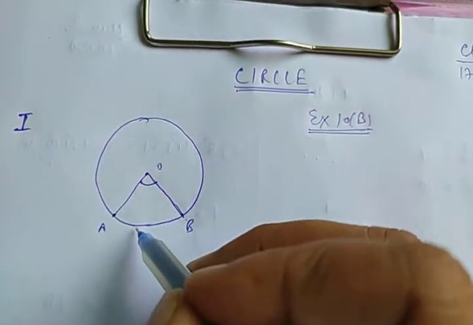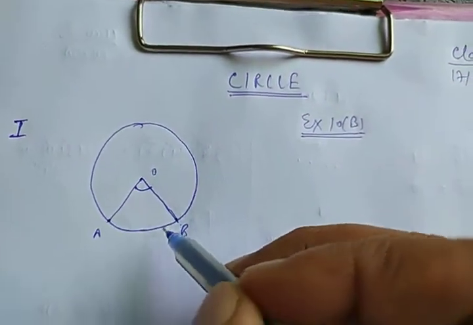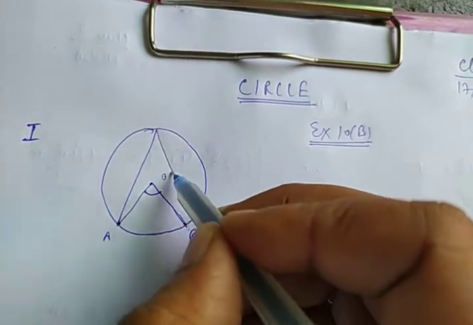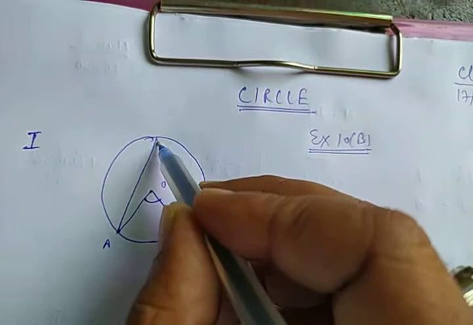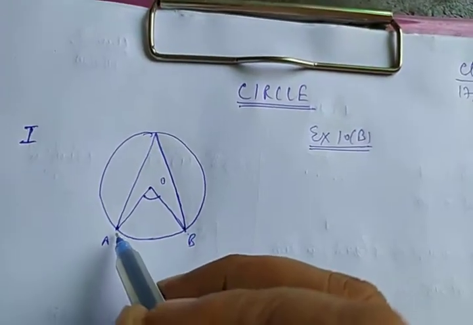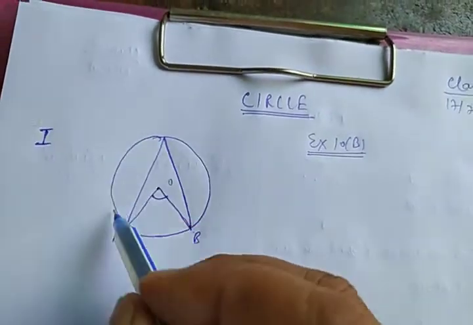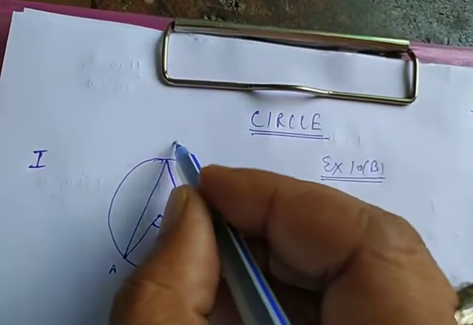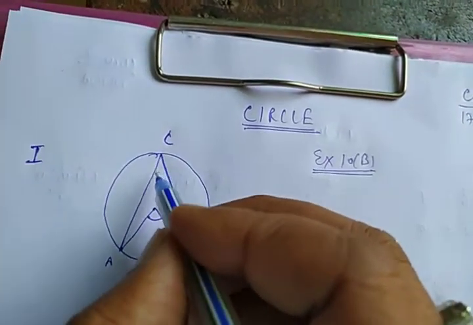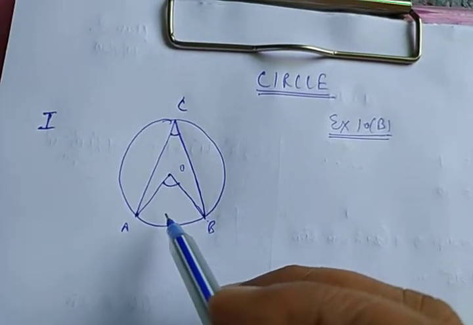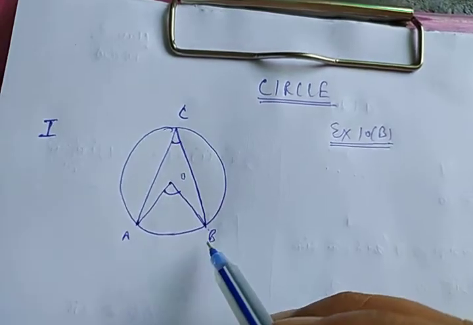This angle is subtended at the center. The same arc will be subtending angle at the alternate segment. Alternate segment means part of the circle is being used as arc here, and the remaining part is called the alternate. Suppose this point is C. This arc AB is subtending angle in the alternate segment, ACB.